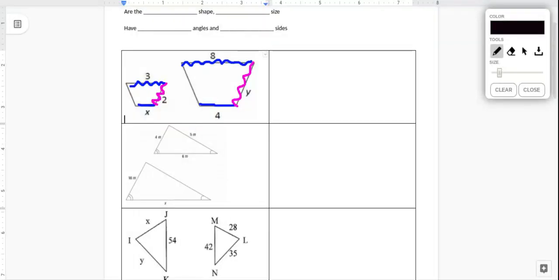So we know to solve similar figures, you're going to set up a proportion. So go ahead and set up that proportion. We're going to solve for x. So remember, we're labeling. Our label for the left side of our proportion is L for little. The right side is B for big. On the little shape, we have our x.